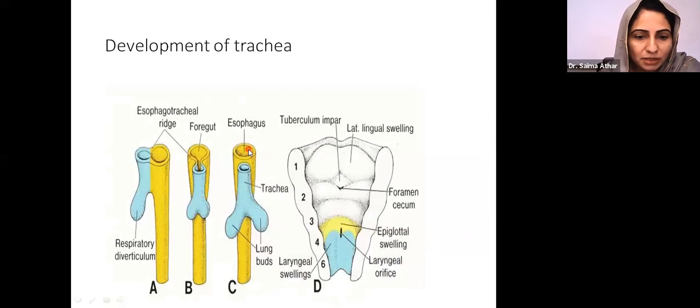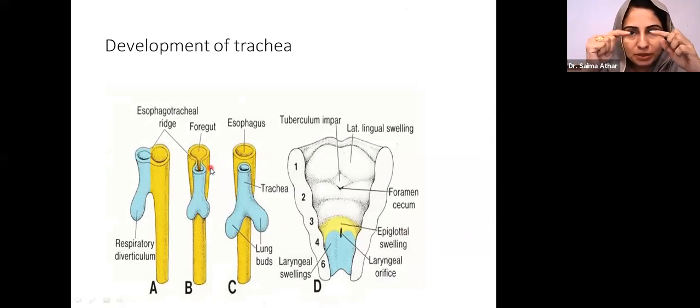I hope you remember that as soon as the tracheal bud appears, it separates from the foregut by a septum, which is known as the tracheoesophageal septum. It appears as two ridges. So the tracheal bud starts as an outgrowth from the ventral part of the foregut.